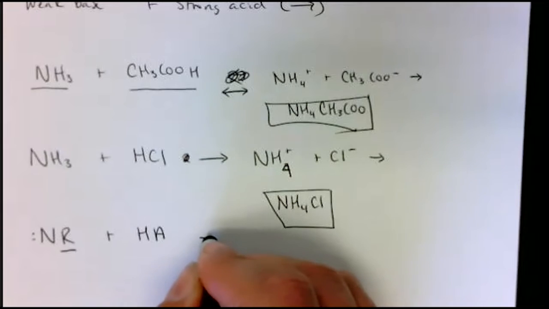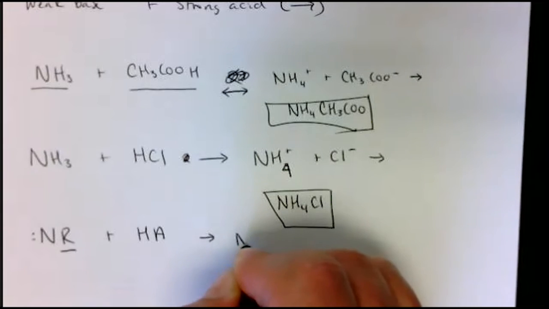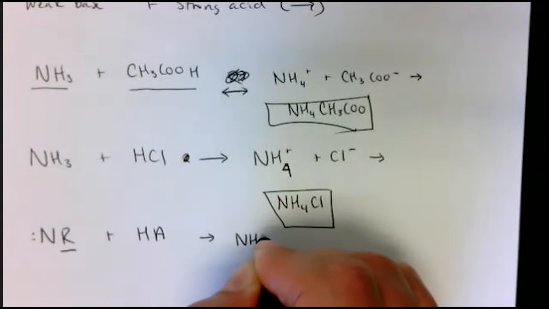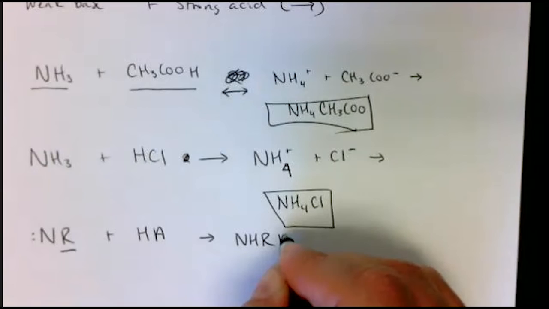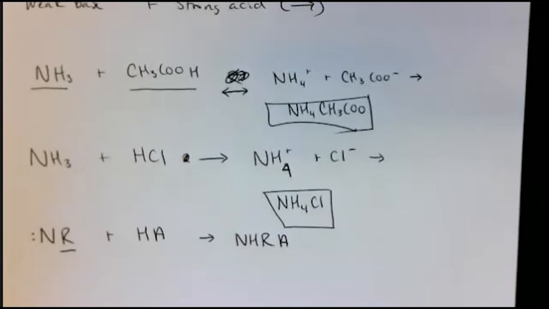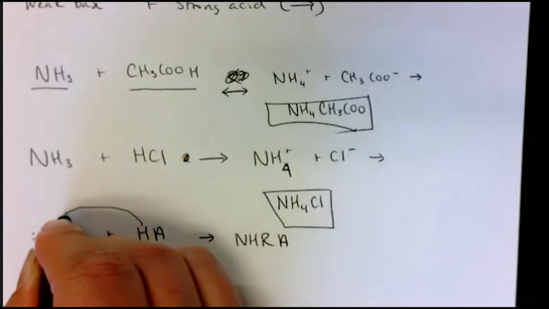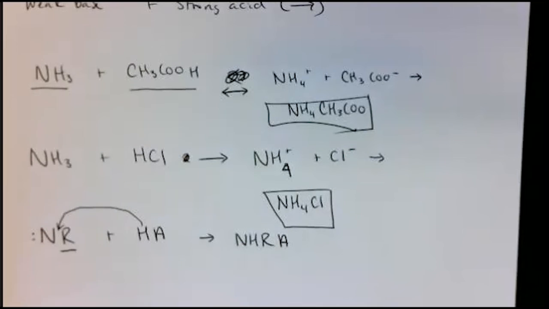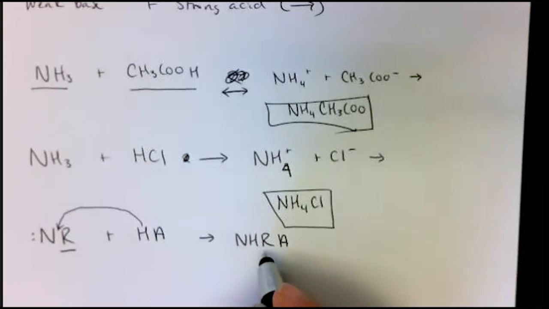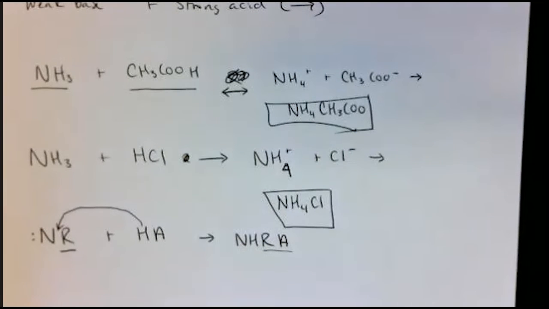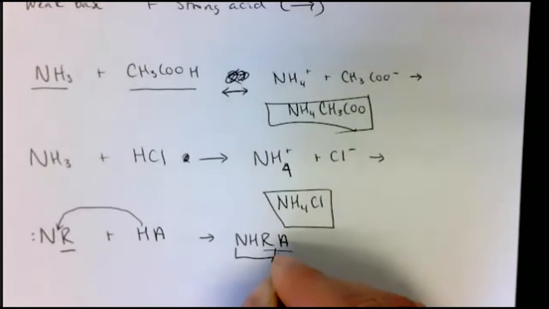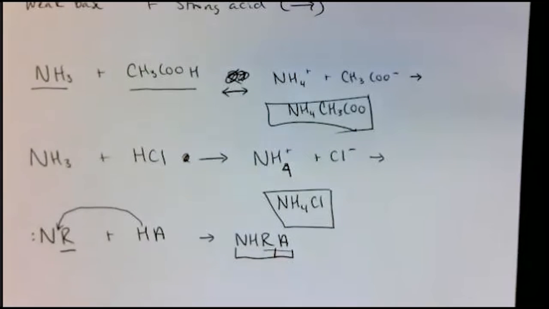What you're going to produce is NHRA. The hydrogen will go over to the nitrogen, and then you'll have the rest of the complex. So this is a cation and an anion to produce one salt.